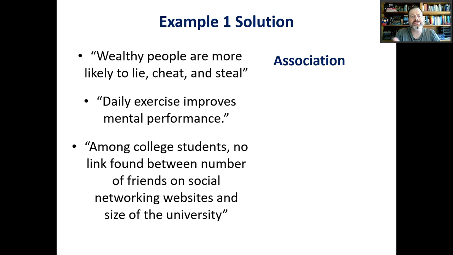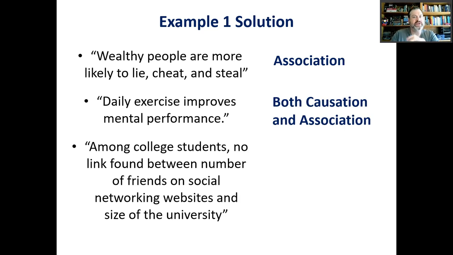What about daily exercise improves mental performance? This is both causation and association. You can change the amount of daily exercise that somebody gets, and it turns out that will have a positive impact on certain measurable areas of mental performance.